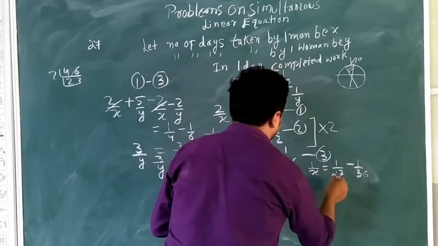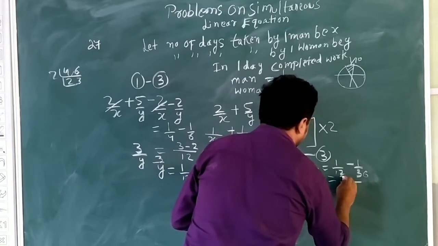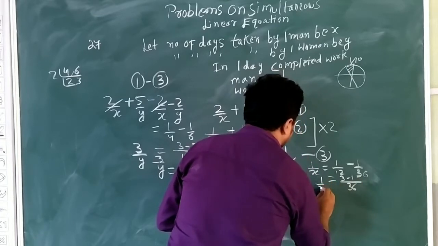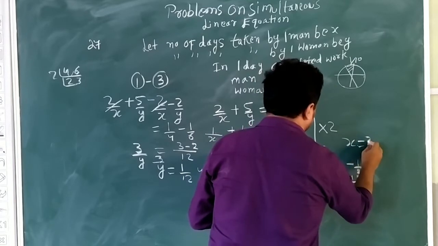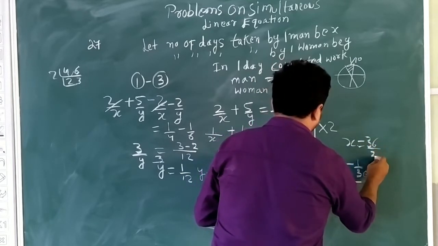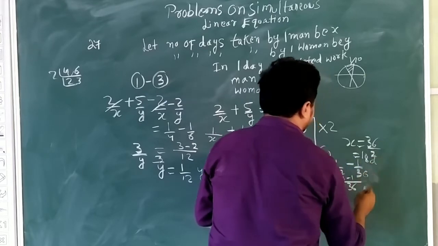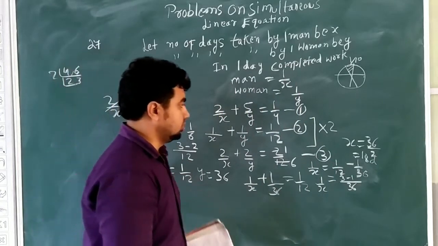Taking 36 as LCM, 1 by x is 2 by 36. So x will be equal to 36 by 2, which is coming out to be 18. So this is question number 27, and the answer is 18 days.